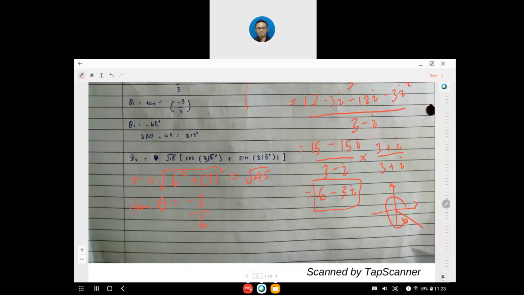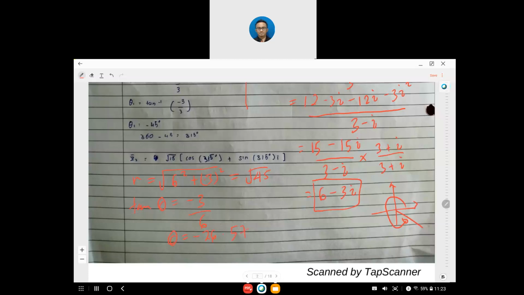Okay, and then theta equal to, if you press your calculator, inverse tangent of negative 3 over 6, okay, you can get negative 26.57.